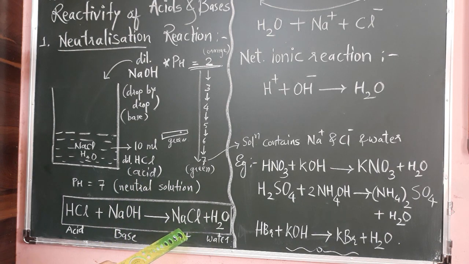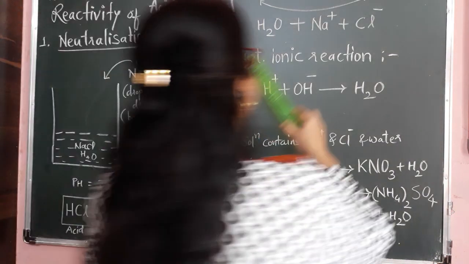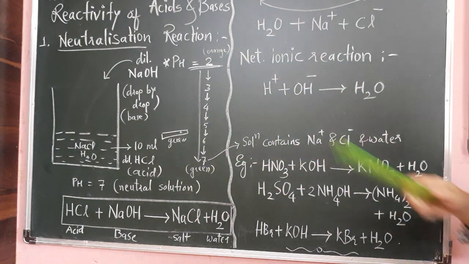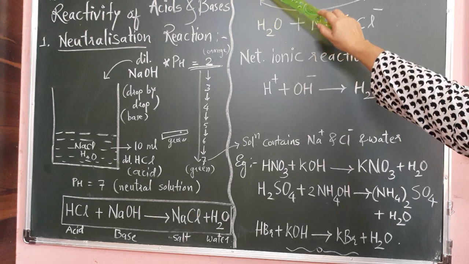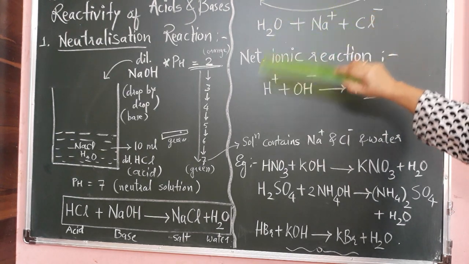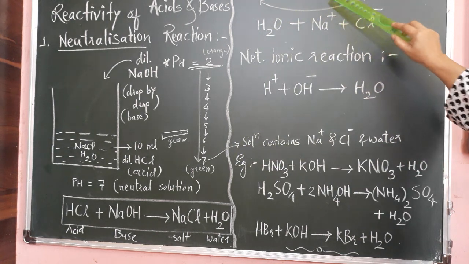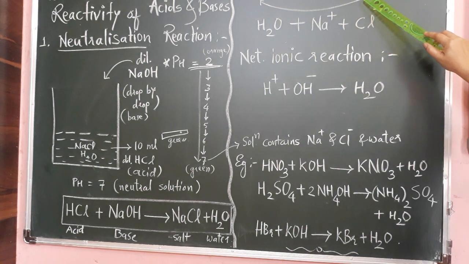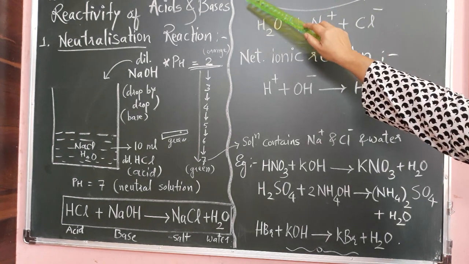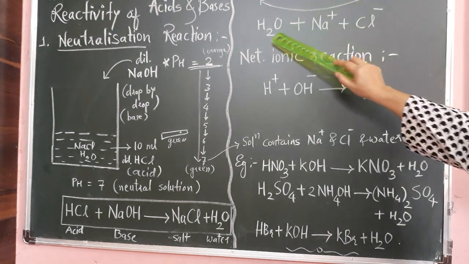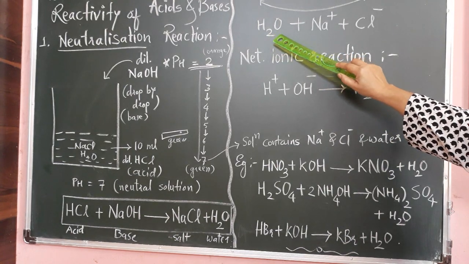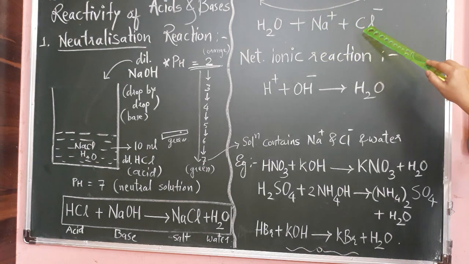Let us see the ionic reaction for this. HCl will ionize. It will dissociate as hydrogen ion and chloride ion. Similarly, NaOH will dissociate into Na ions and hydroxyl ions, and the hydrogen ion and OH ion combine and immediately form H2O, and the other ions are there in the solution.